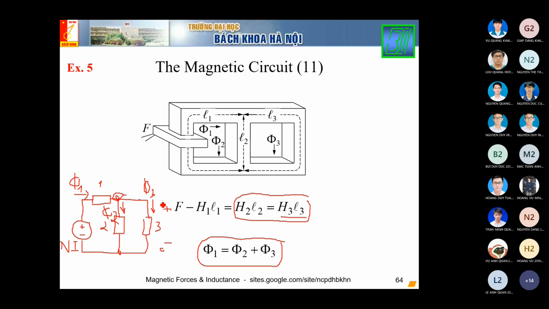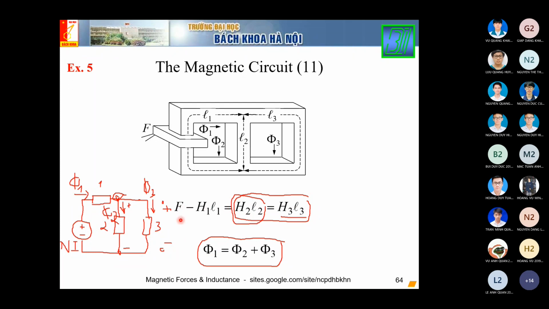And we know that this point is also the starting point and the ending point of the resistor number 2. So for the resistor number 2, the scalar magnetic potential from here to here is also H2 N2. And because the two resistors here are in parallel, they must have the same potential. So we got this.